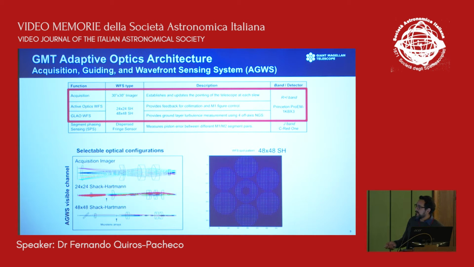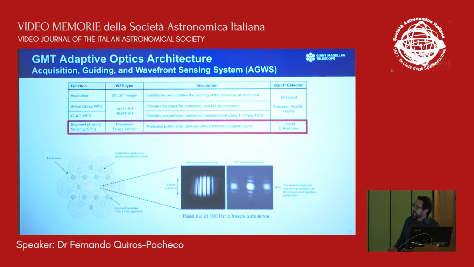So they have 2 different Shack-Hartmanns, one with 124 and one 48 by 48 subapertures, as shown here. And there will be an infrared channel that is operated simultaneously with the visible one in J-band using a CRED 1 camera, so it's a fast readout, that will be responsible for providing phasing measurements at off-axis angles.